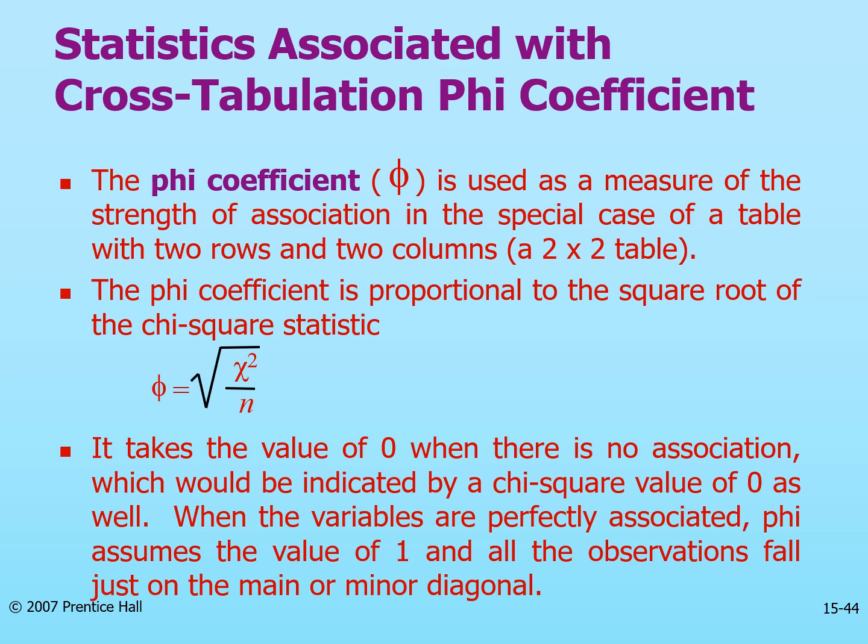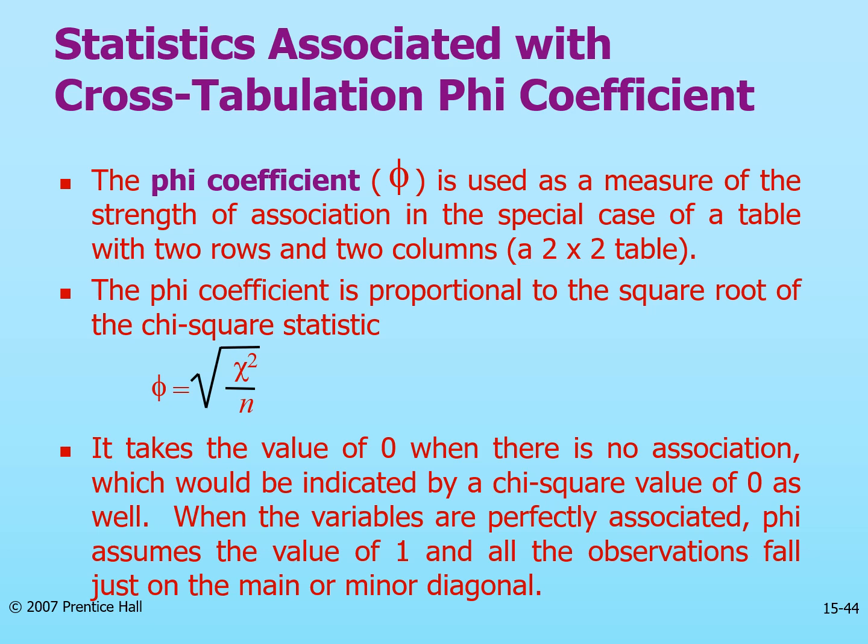So the phi coefficient is proportional to the square root of the chi-square statistic. The phi coefficient is equal to the square root of chi-square upon n. It takes the value of 0 when there is no association, which would be indicated by a chi-square value of 0.